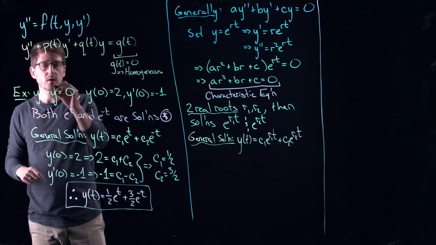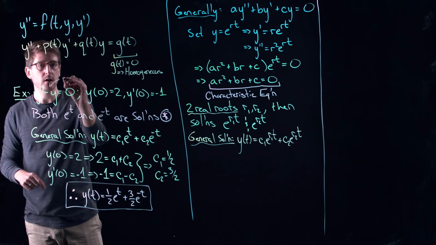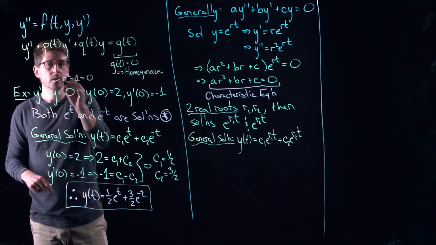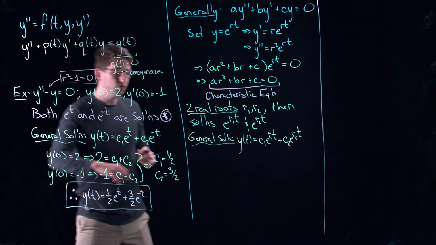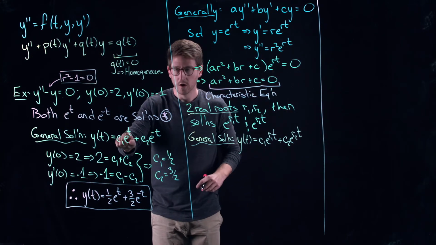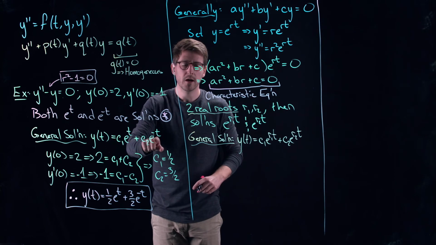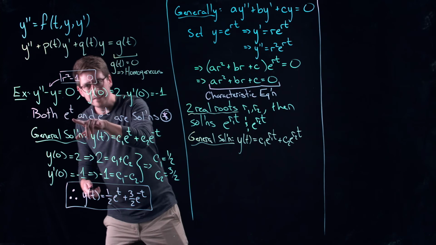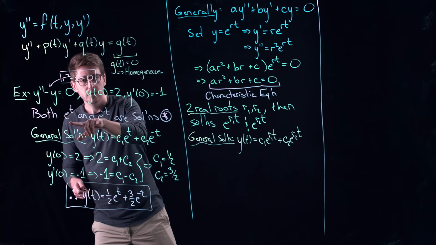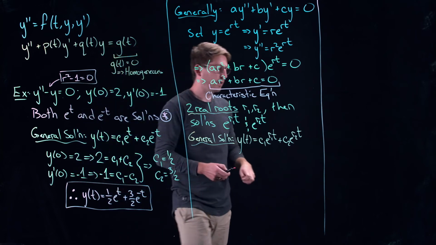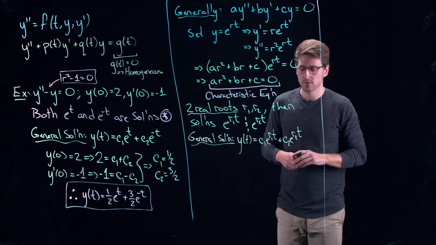So the characteristic equation is r squared minus 1 is equal to 0, which has solutions r equal to plus 1 and r equal to minus 1. So everything is sort of working out here, right? It's not that I just had a lucky guess here. It's because I could actually do the work to back it up. I could find the characteristic equation and I can solve for those roots.